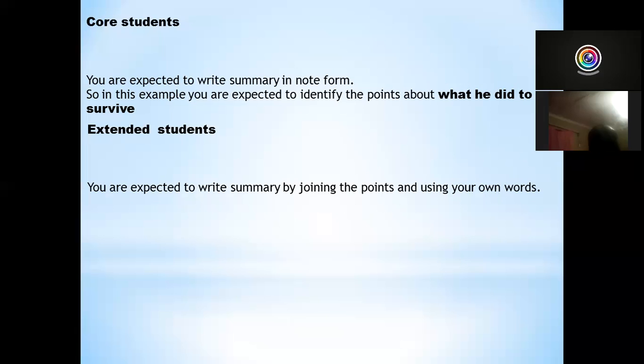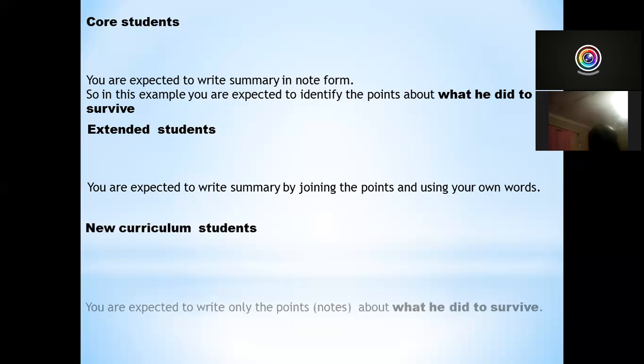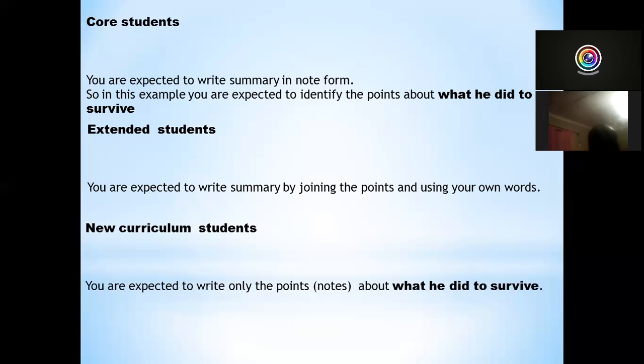As for the extended students, you are expected to write a summary by joining the points and using your own words. So core students, you identify the points, but extended students, you then write a summary by joining the points and using your own words. New curriculum students, you are expected to write only the points about what he did to survive. So for new curriculum students, the demand of the question is the same as for the core students at grade 12.